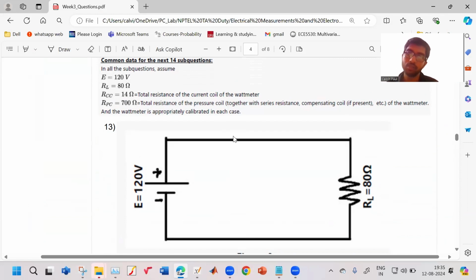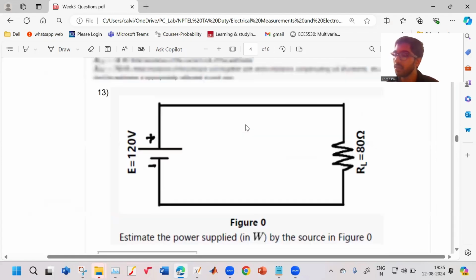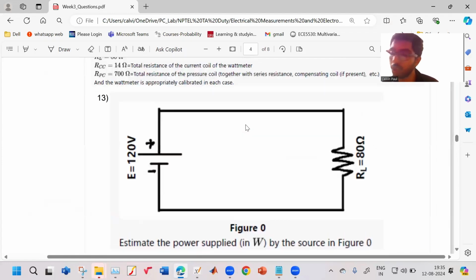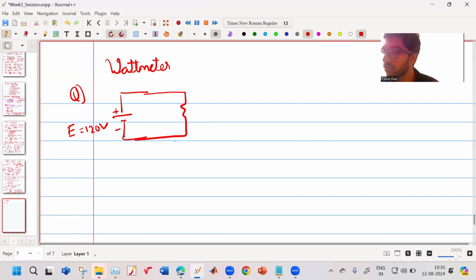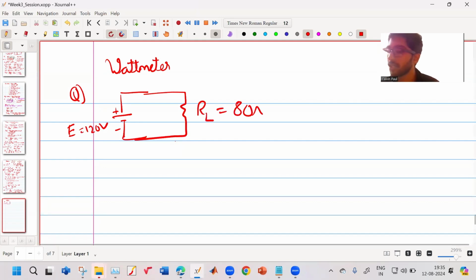There's a wattmeter which we use and it has a current coil of 14 ohm, pressure coil of 700 ohm. So now we have to use the wattmeter. What is the power delivered by this source to the load? So this is 120 volt. This is your load of 80 ohm, right?